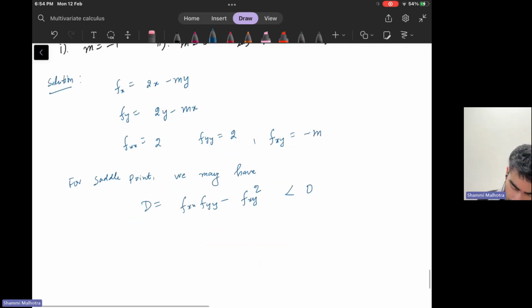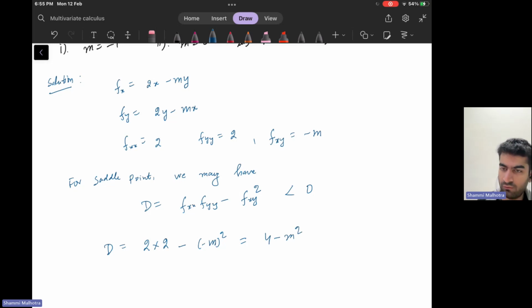So what is this D now? D is 2 times 2 minus m square. So this is nothing but 4 minus m square, and I want this to be less than 0, to have a guarantee that the point we're considering is a saddle point.